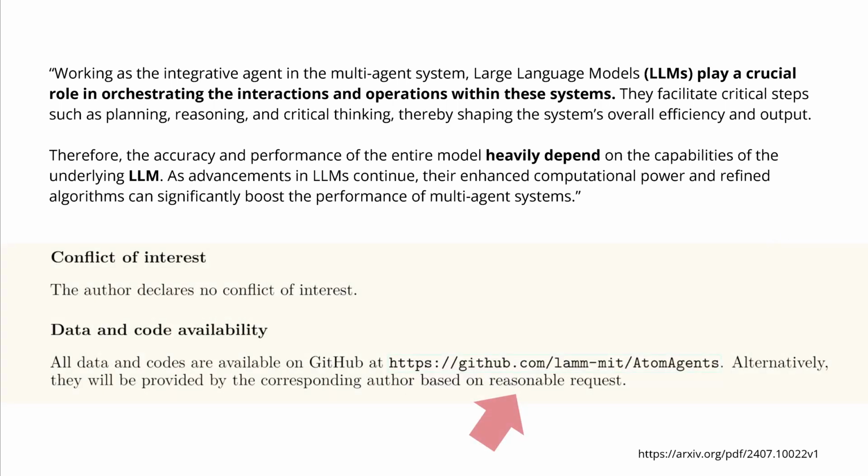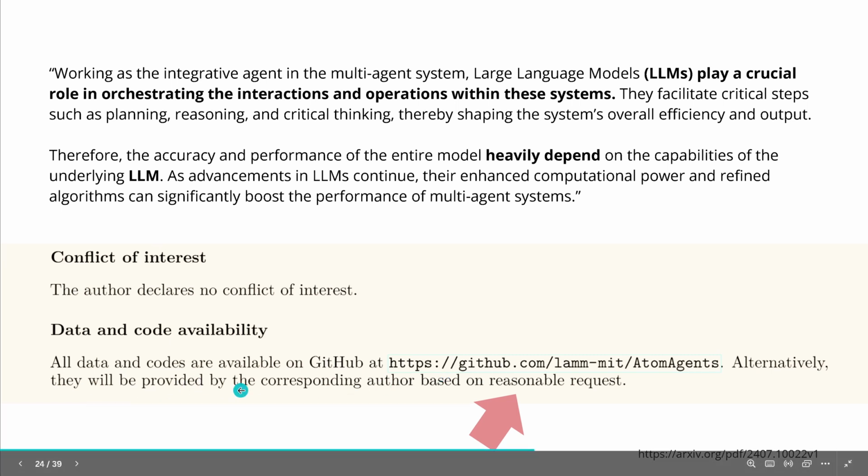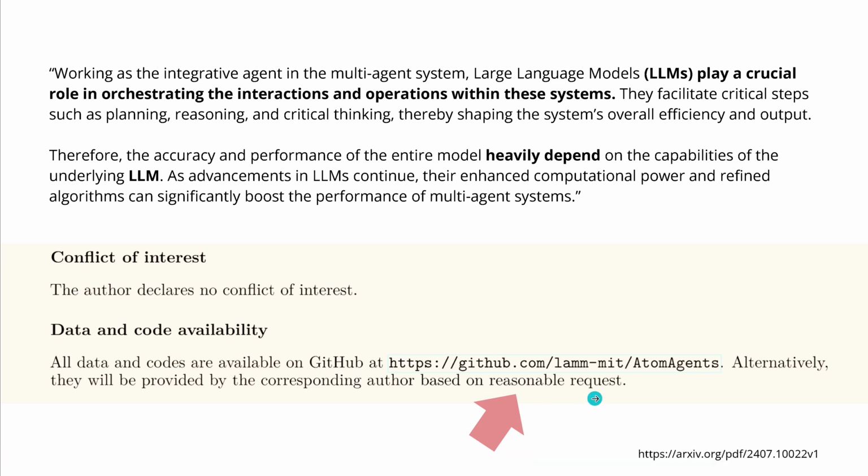And yeah, and then suddenly I found, because I went to GitHub and I wanted to see the code, and then they told me, hey, alternatively, the GitHub code will be provided by the corresponding author based on reasonable request. So I don't know if you go there whenever you see this video. Maybe if you go to GitHub, LAM, MIT, AtomAgents, then you see the code.